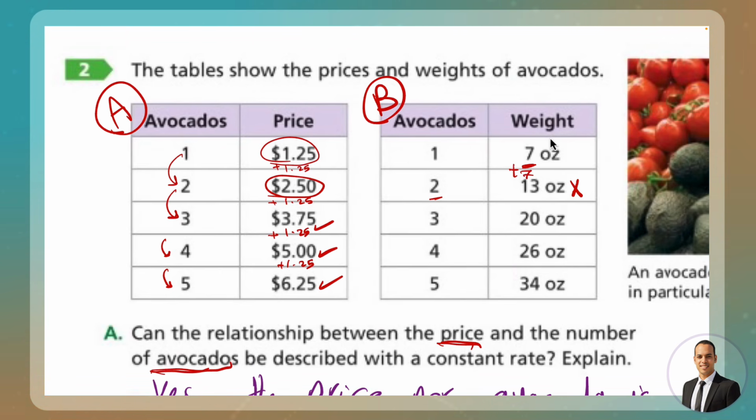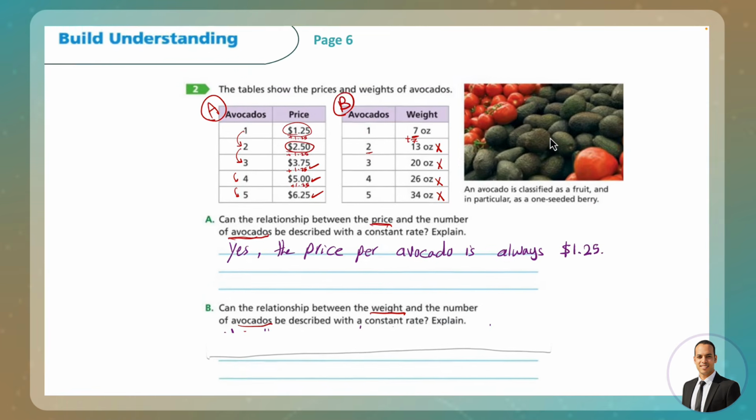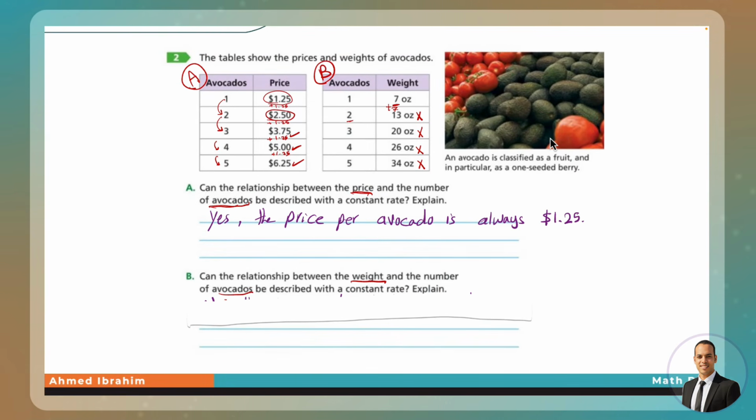Okay, so it seems like not every avocado weighs 7 ounces, because 3 should weigh 21, not 20, and 4 times 7 is 28, not 26, and 5 times 7 is 35, not 34. So for the second table, we can say no, the table doesn't have equal rates.